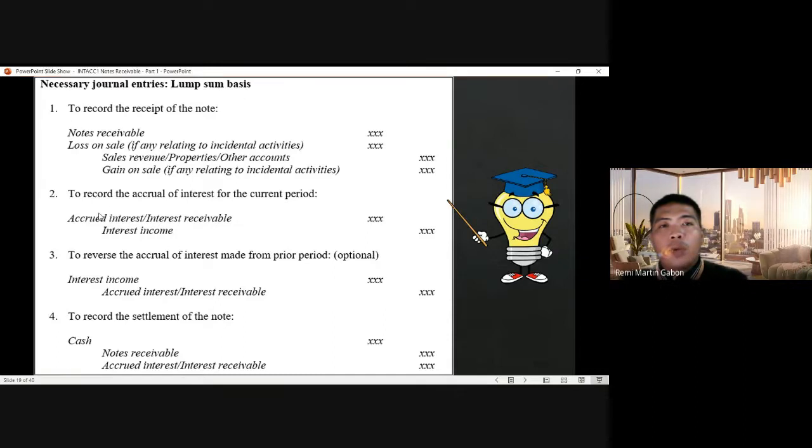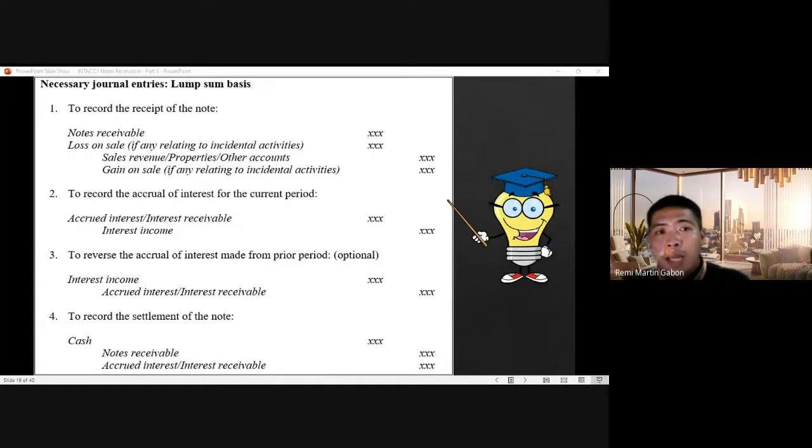Then to record the accrual of interest for the current period, we debit accrued interest or interest receivable and credit interest income. This is the portion that I've been telling you earlier when it comes to accrual method. Yung sa basic accounting nyo, yung adjusting entry, yung iniiyakan natin. Then to reverse the accrual of interest made from the prior period, which is optional, we debit interest income and credit accrued interest or interest receivable.